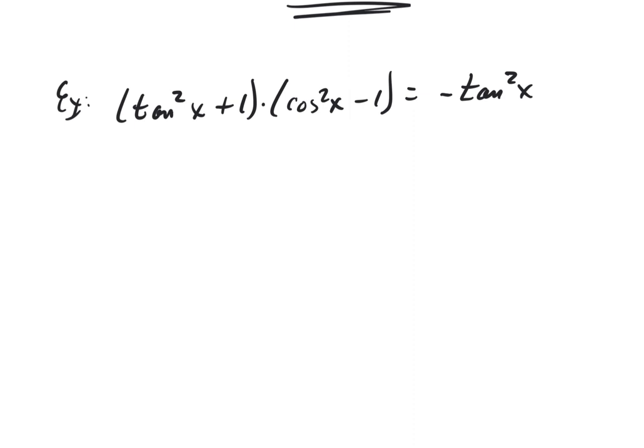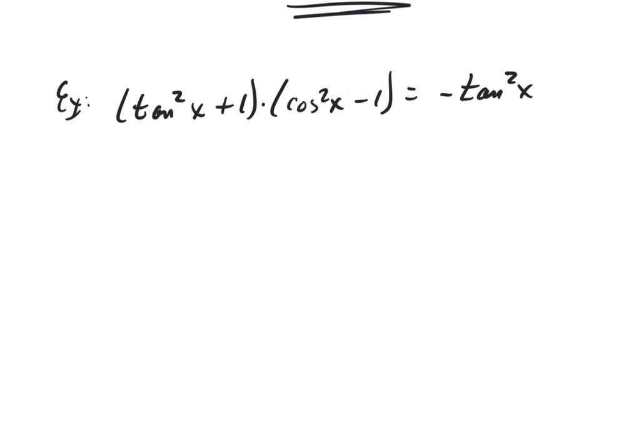We can either do this problem using FOIL, because we have a binomial multiplied by a binomial, or we could also use our Pythagorean identities. Okay, since I'm doing fairly well on time, I could even do this one both ways.